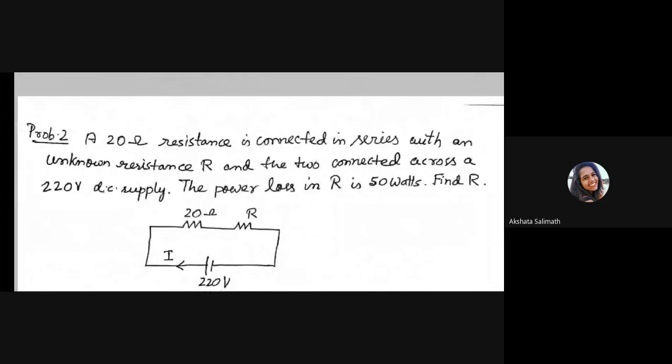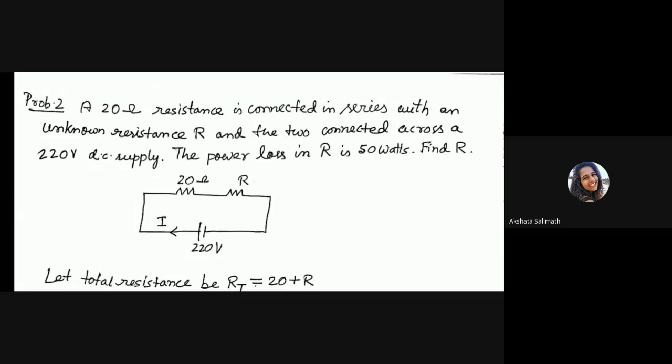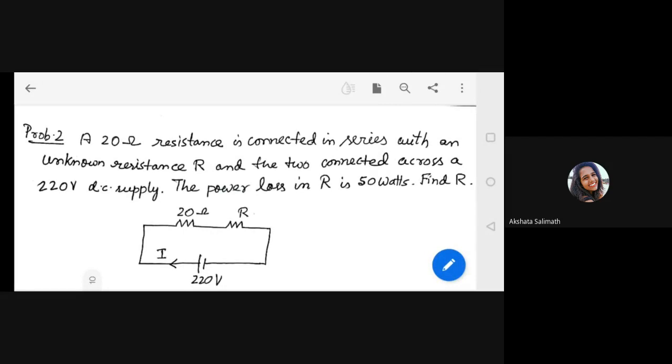So this one will be our current. Current I will be 220 divided by 20 plus R. Now, the power loss in R is given, so the power loss in R will be I square R. This means this R, not R equivalent.